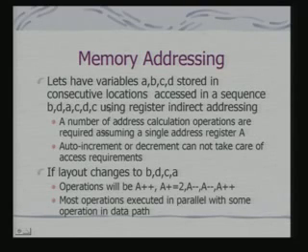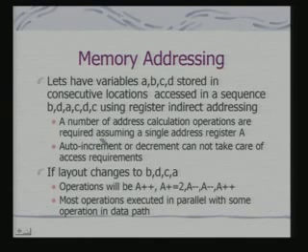And in the majority of cases, you will be accessing these variables using register indirect addressing. The question is, is there an optimal layout of these variables so that I can use the auto increment or auto decrement option of the processor in an optimal fashion? What we see is that a number of address calculation operations are required if we assume a single address register.